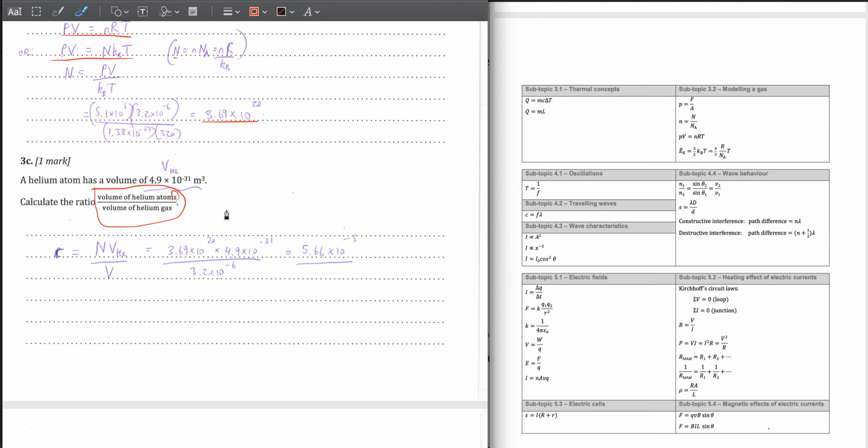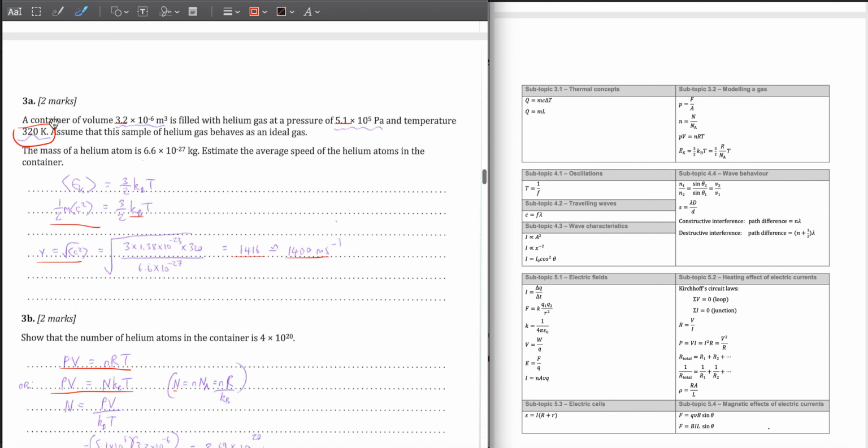So what you're expected to do here is take your number from question B and multiply that by the volume of each atom. So we've got 3.69 times 10 to the 23. Make sure you are multiplying your volume of each atom by the number of atoms in there, and then comparing that to the volume of the helium gas, which we know from the beginning of the question is 3.2 times 10 to the minus 6.